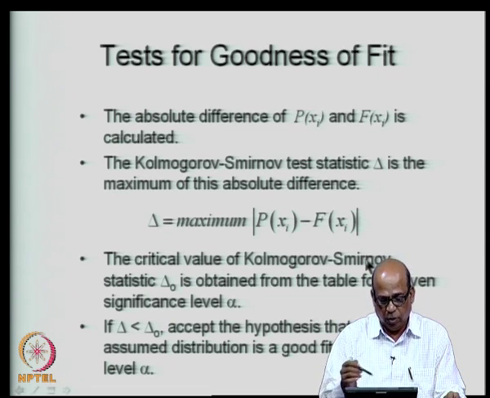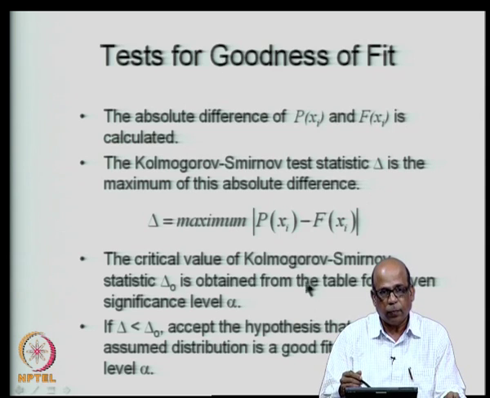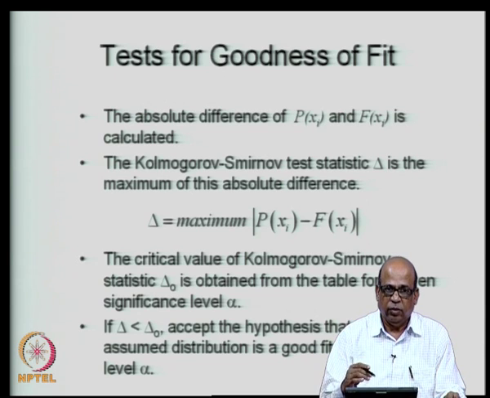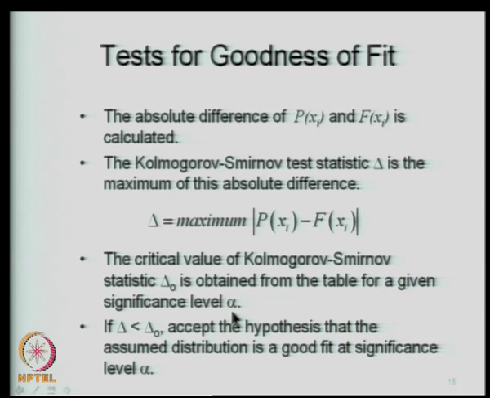This maximum absolute difference we compare with a critical value of the KS statistic. The Kolmogorov-Smirnov statistic is also abbreviated as KS statistic. This KS statistic delta naught, much like the chi-square statistics, is available in standard textbooks, so we can pick it up corresponding to a given significance level alpha. Delta naught just depends on the significance level alpha.